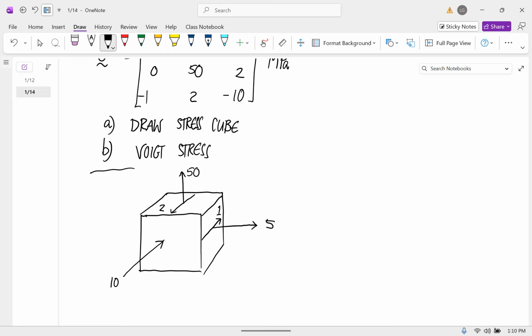On the Z face in the X direction, well, it has to have this symmetry. You can see that that's on the Z face in the negative X direction, so this way. And then on the Z face in the positive Y direction, so this way.